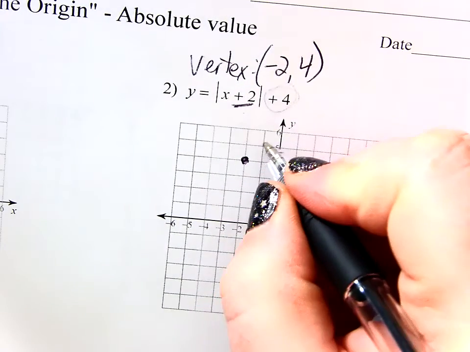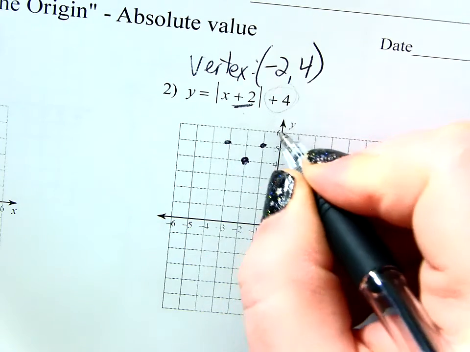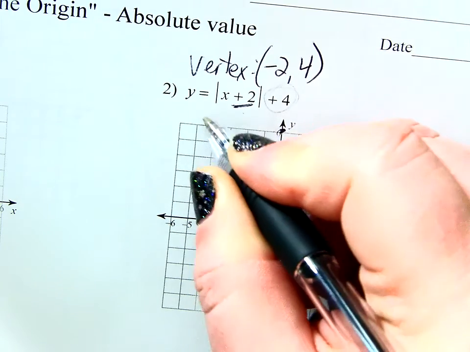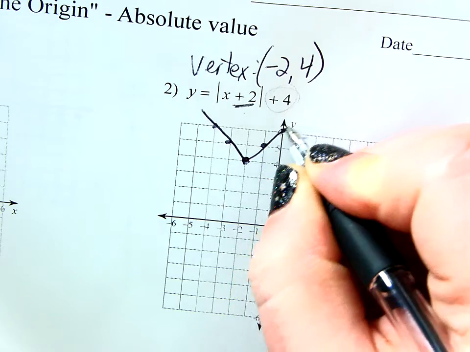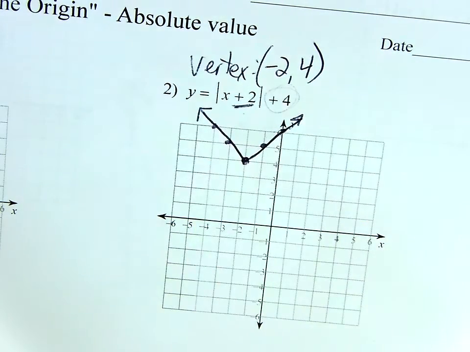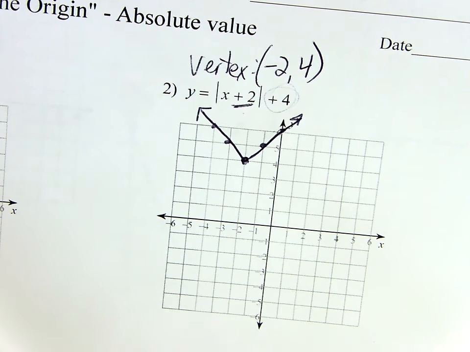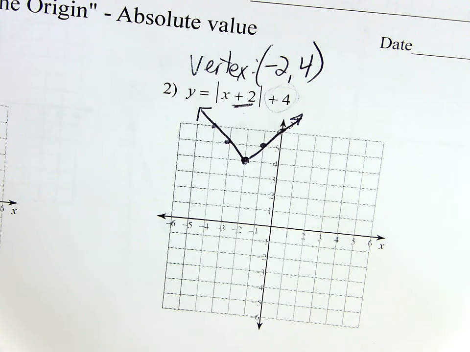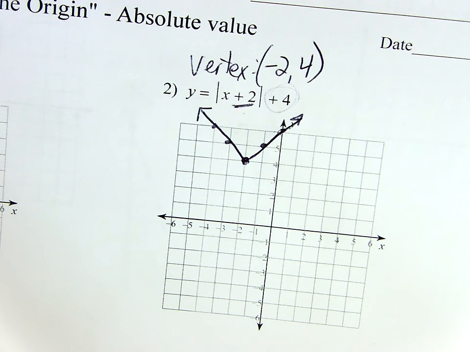From the dot that I just made, I'm just going up 1 over 1 on both sides, because it's going to be this sharp V. It's not changing. Does that make sense? Is that okay? So once you figure out where the vertex is, now you just say to yourself, okay, this is an absolute value, so from here I'm just going up 1 over 1.